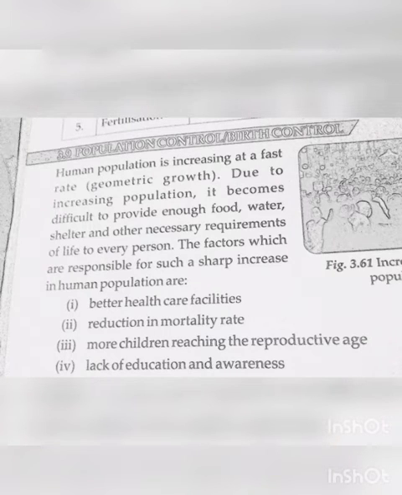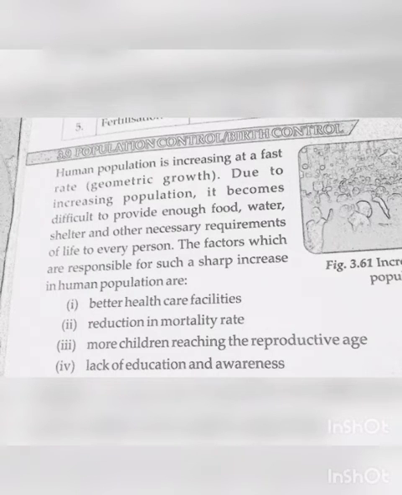Human population is increasing at a fast geometric growth. Due to increasing population, it becomes difficult to provide enough food, water, shelter, and other necessary requirements of life to every person.